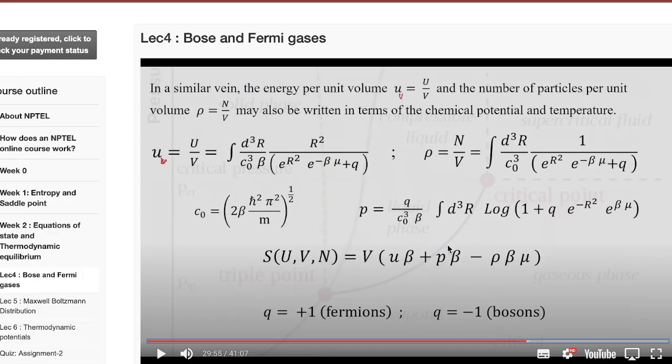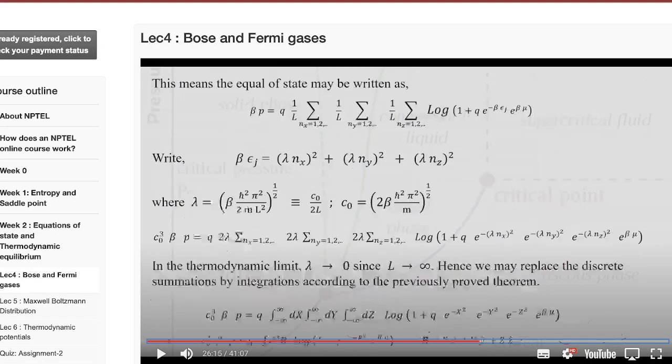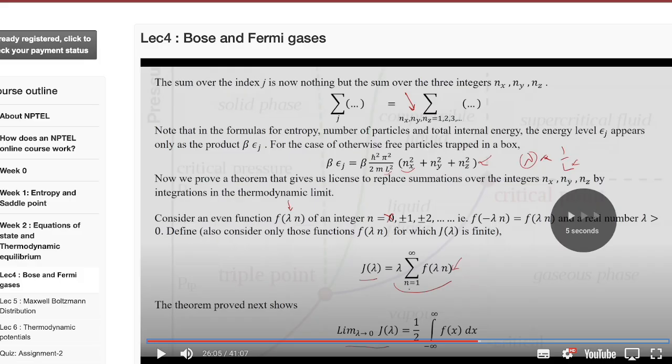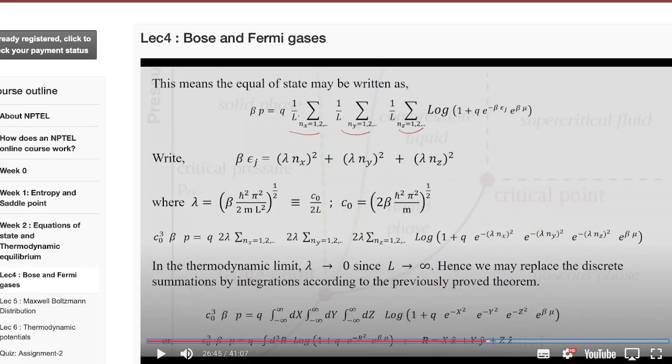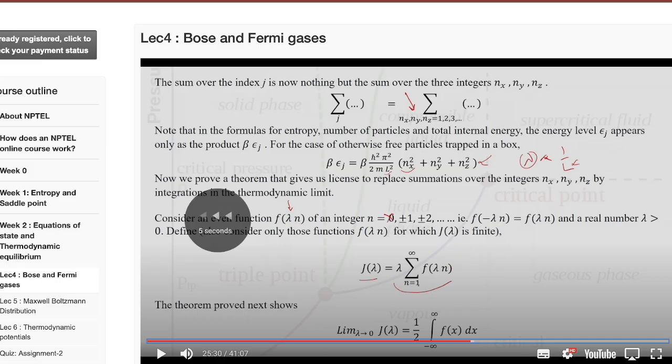Okay, here we had a final expression directly for P, but it's not something I was hoping for actually.